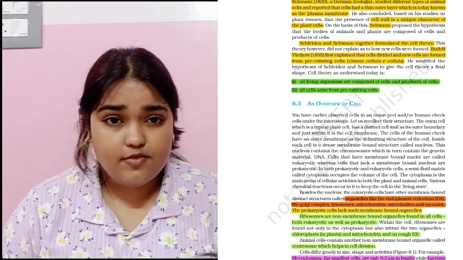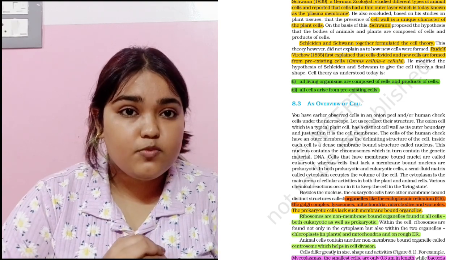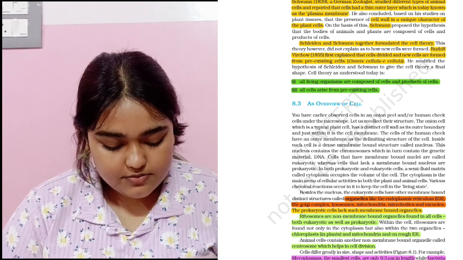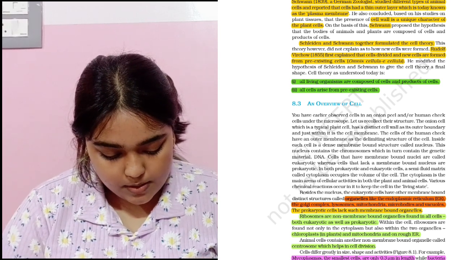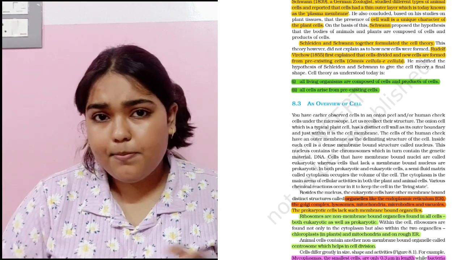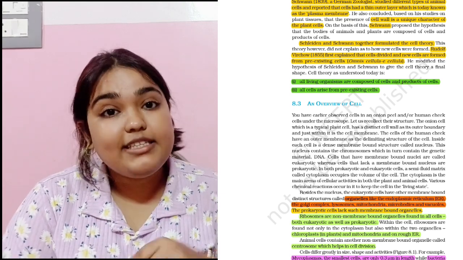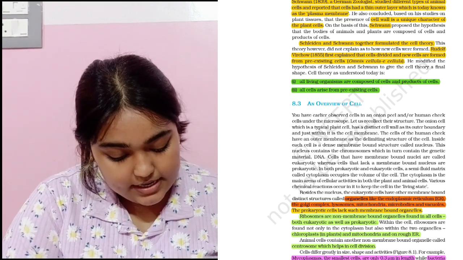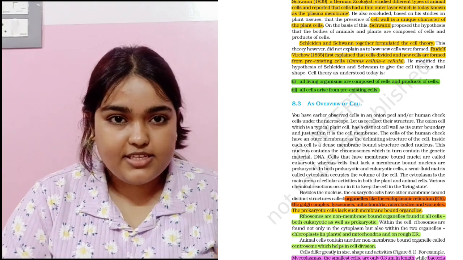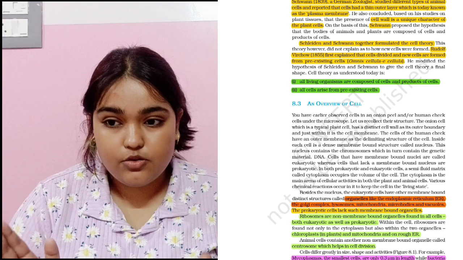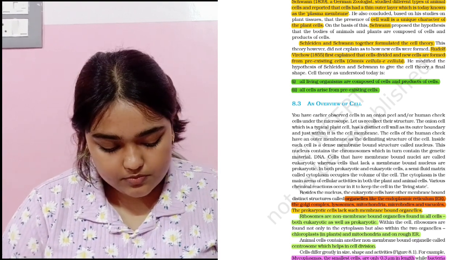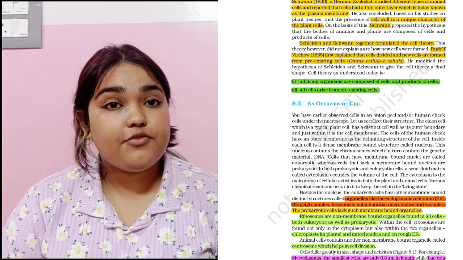Ribosomes. What is the function of ribosome? The function of ribosome is that it does protein synthesis. Now ribosome, where is it located? In plants, it is located inside the chloroplast. Both plants and animals have mitochondria, so inside the mitochondria, there is ribosome. And also in the rough ER.